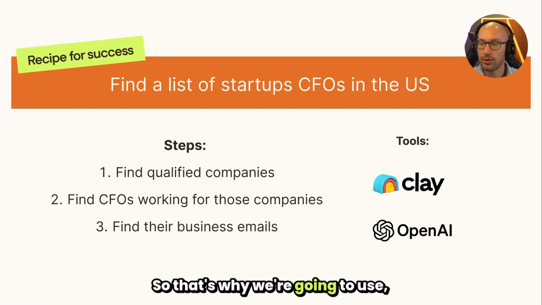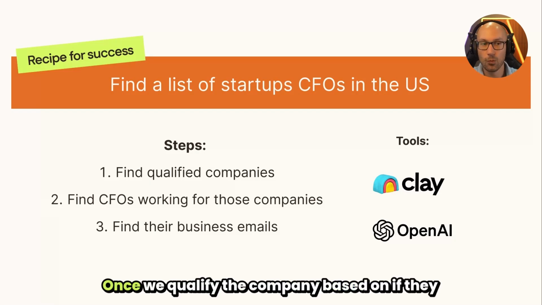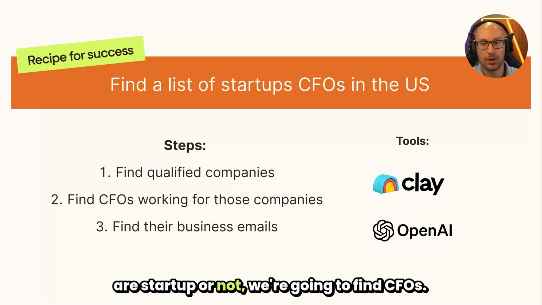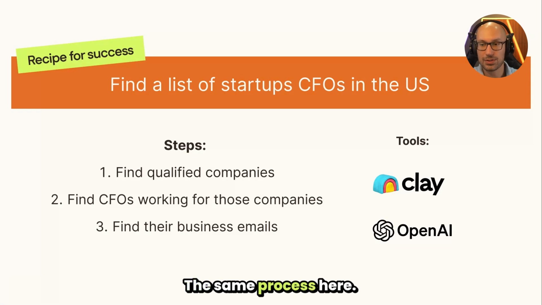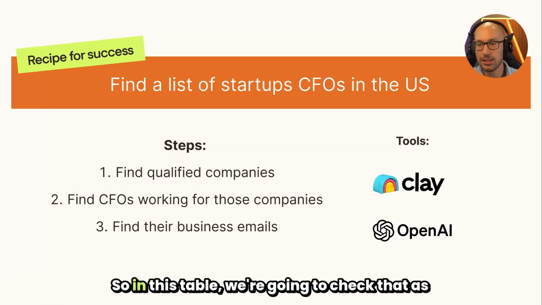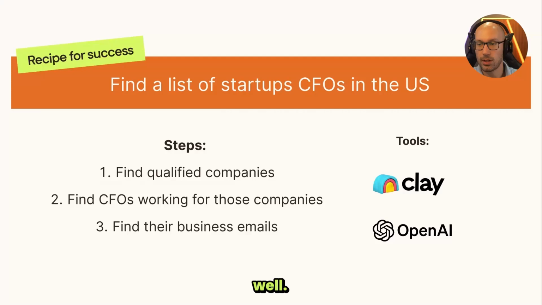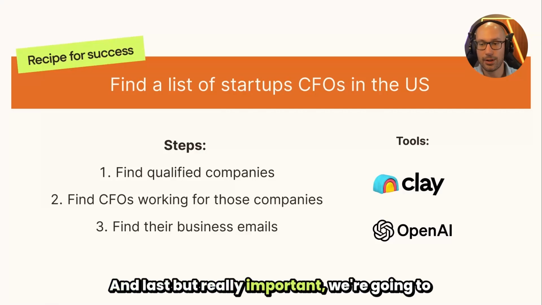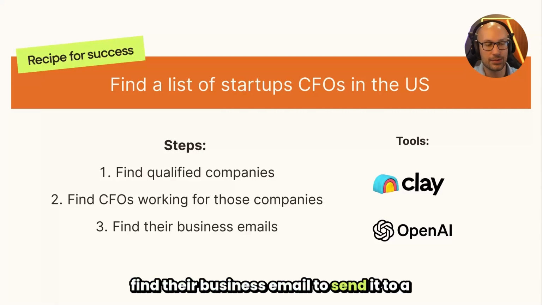So that's why we're going to use OpenAI in this case. Once we qualify the companies based on whether they are startups, we're going to find CFOs. The same process here: once you find them, you will probably need to qualify them, so in this table we're going to check that as well. And last but really important, we're going to find their business email to send to a campaign.